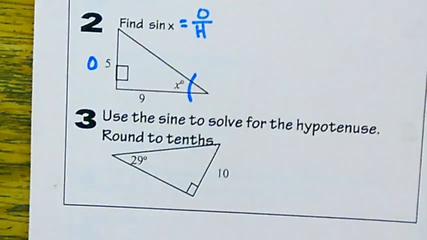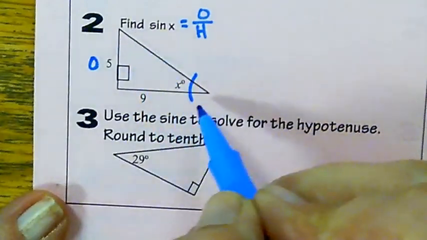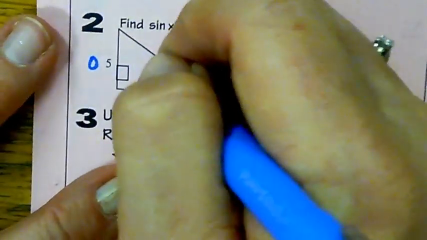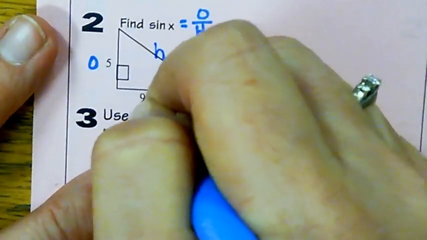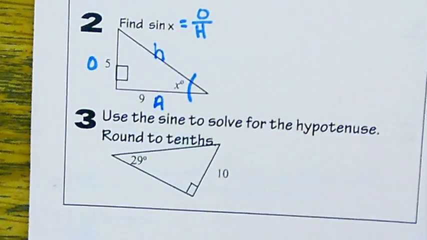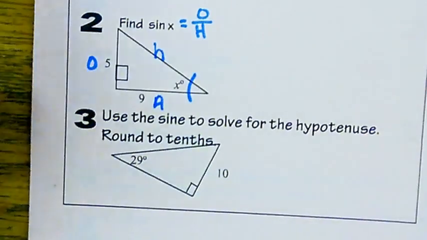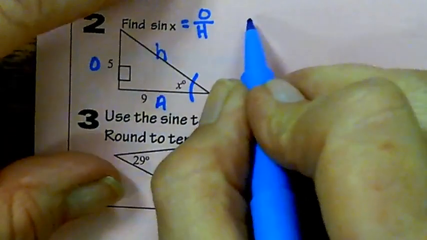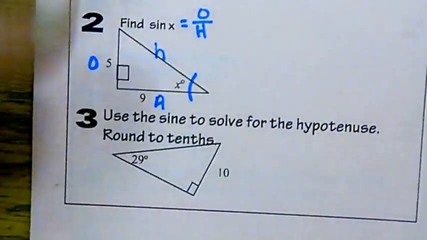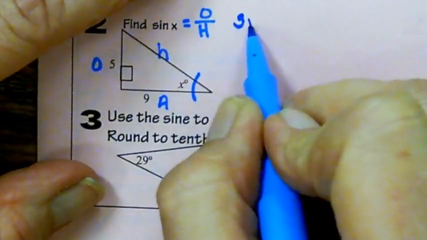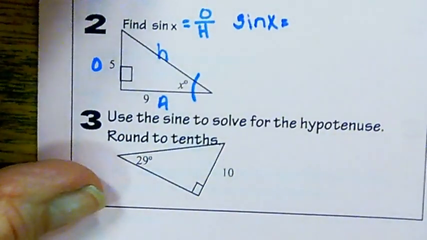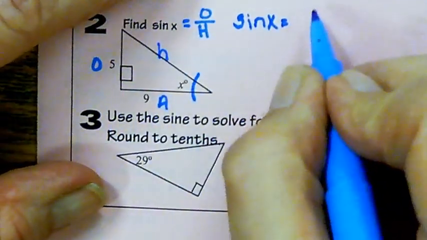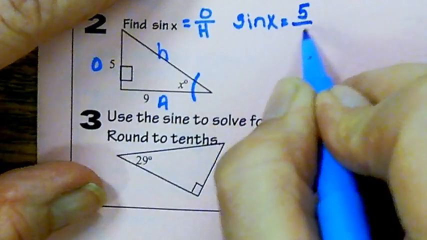It's this one with nothing on it, right? And then the other one is our adjacent. So the sine of x is opposite over hypotenuse, so it's 5 over h.